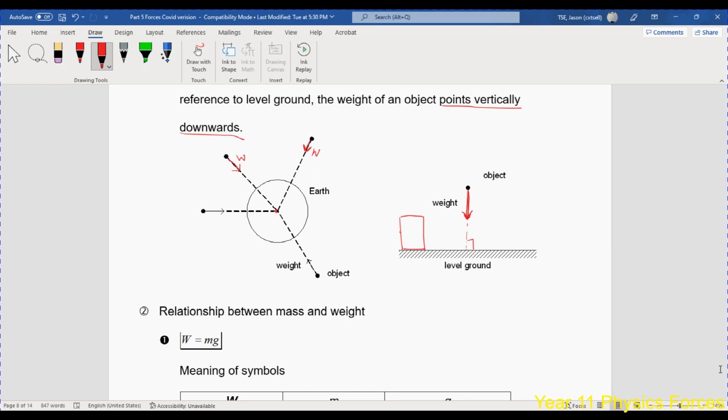Strictly speaking, you can't draw the weight at any point. For example, if you try to draw a weight here, it's not correct, strictly speaking, okay? The proper way to draw the weight is always near the center of the object. So here's the weight.